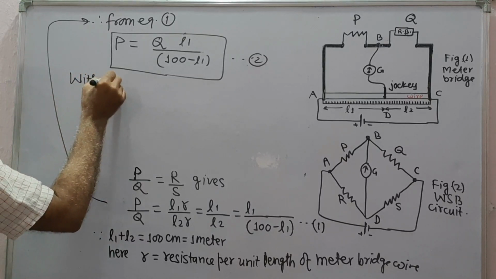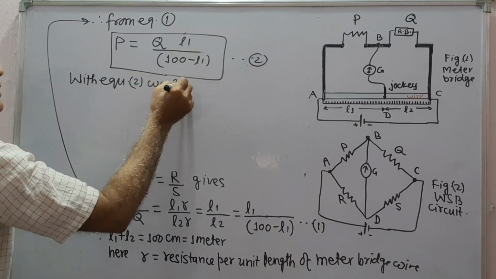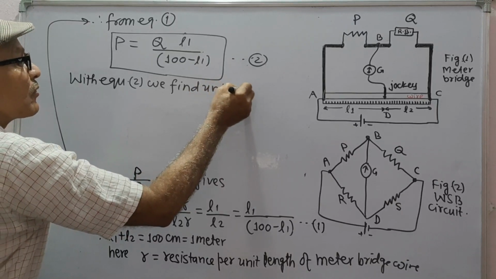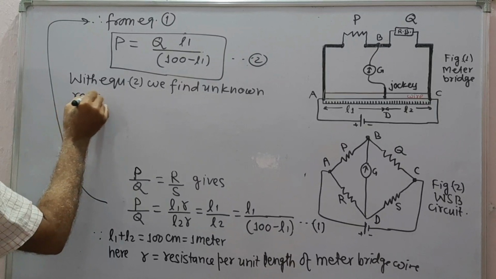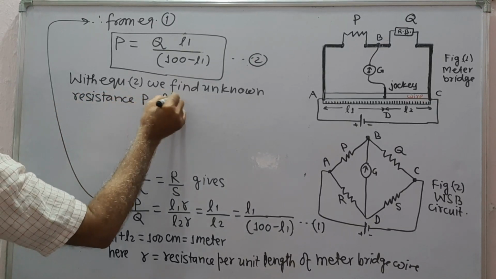With equation 2, we find the unknown resistance P of the given wire.